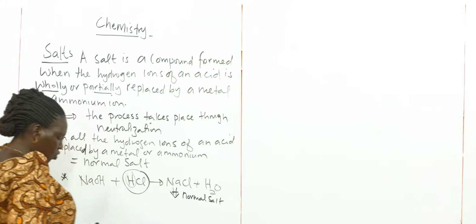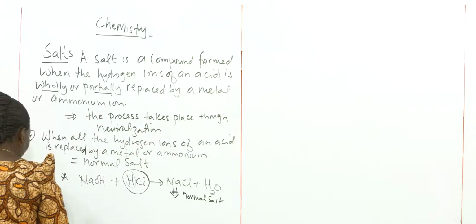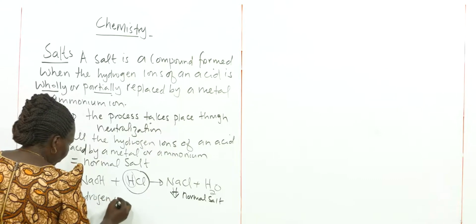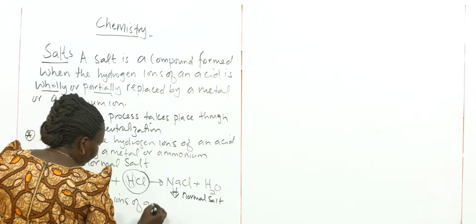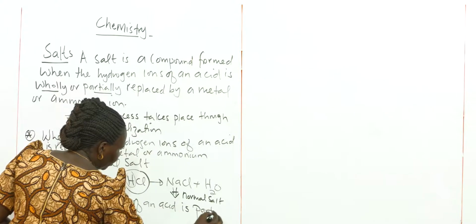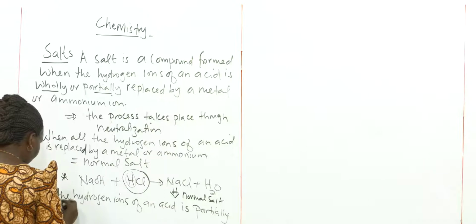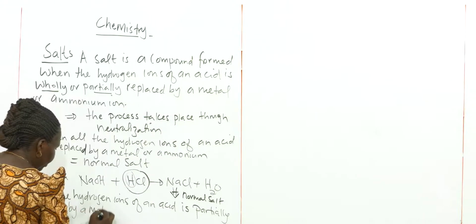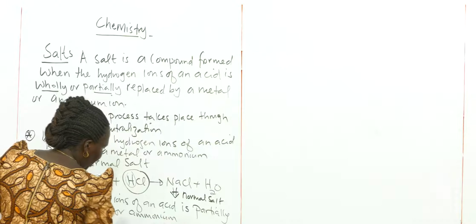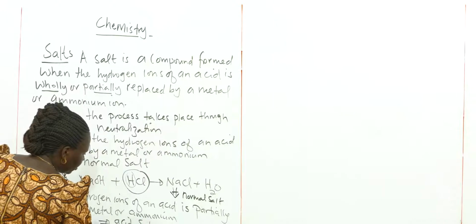Then in case 2, when the hydrogen ions of an acid are partially replaced by a metal or ammonium ion, then what we have is called an acid salt.